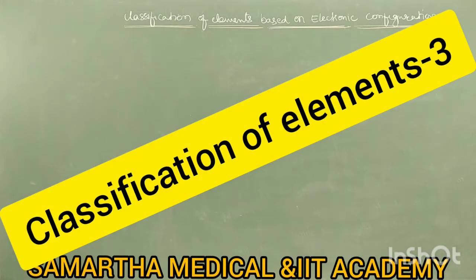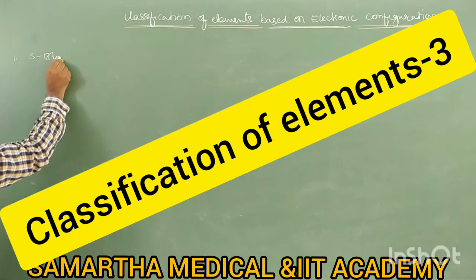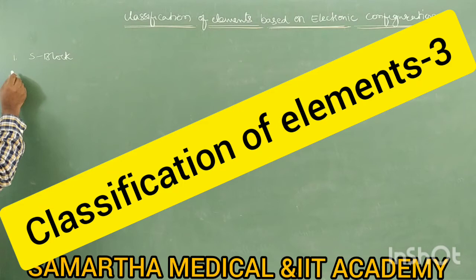Right, good morning students. Let us continue the topic classification of elements based on electronic configuration. Last class we started this subtopic, classification of elements based on electronic configuration. Based on electronic configuration, elements are classified into 4 blocks. The first one is S block element, which we have completed.